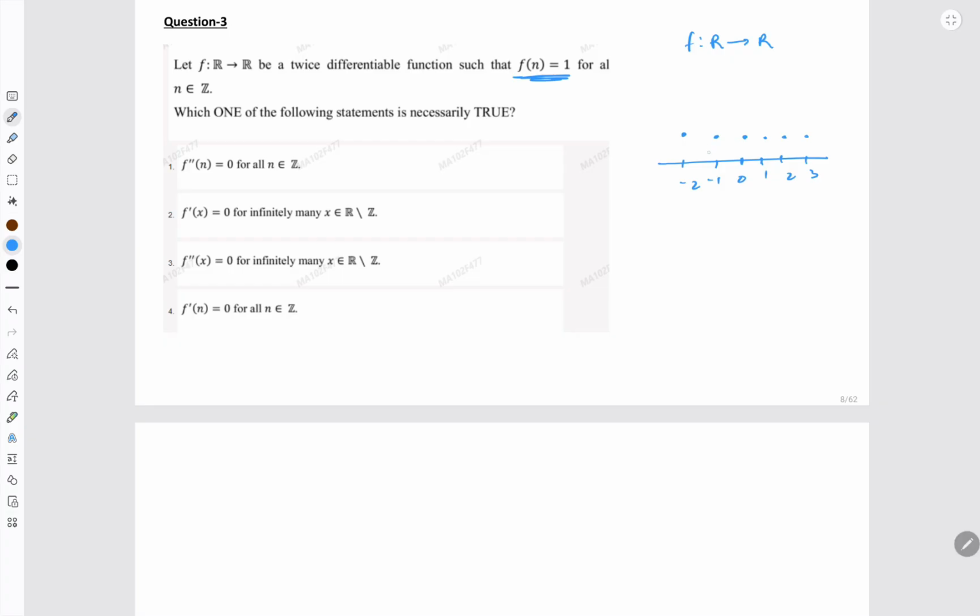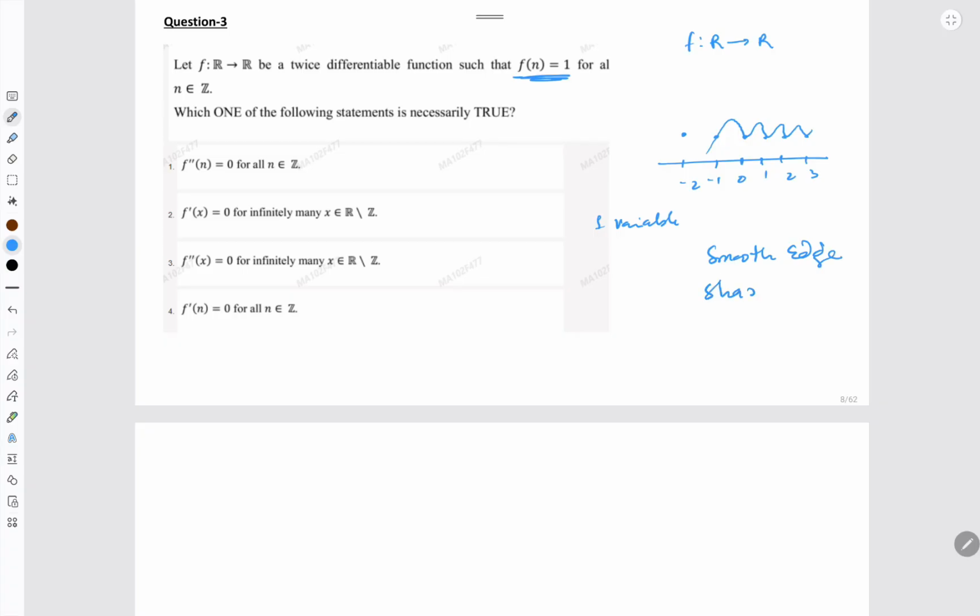Because I drew the graph already, right? If my graph is this, let's say like this, the function is differentiable. Why? Because if you have studied differentiability from the graph point of view, a one variable function is differentiable if it has a smooth edge, not a sharp edge, right?